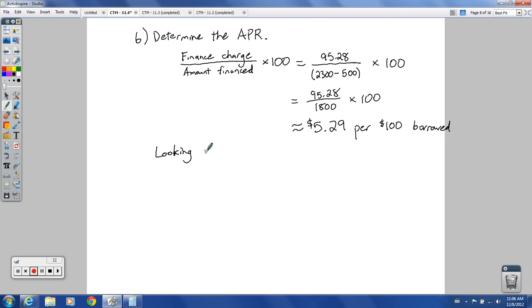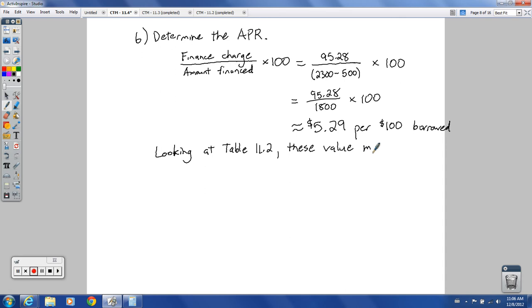Let's write down, look at this later. We have to remember that we looked at table 11.2. So looking at table 11.2, these values match up. You could say borrowed or financed here if you wanted to write financed instead.